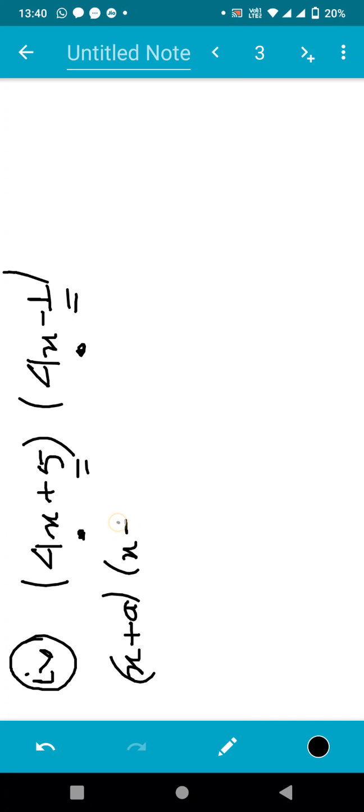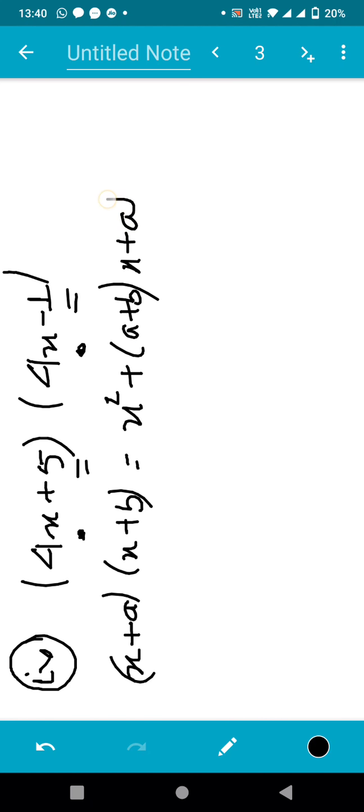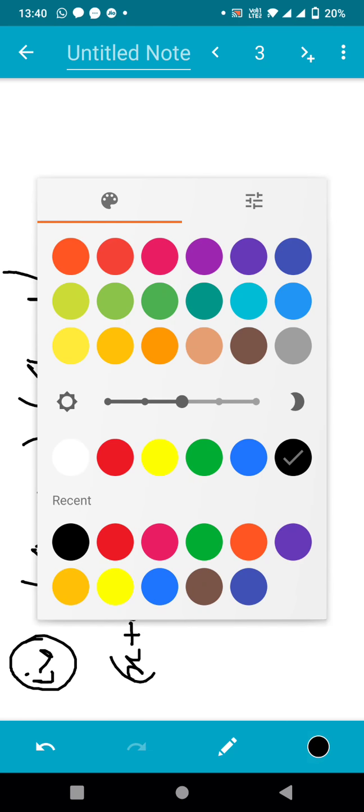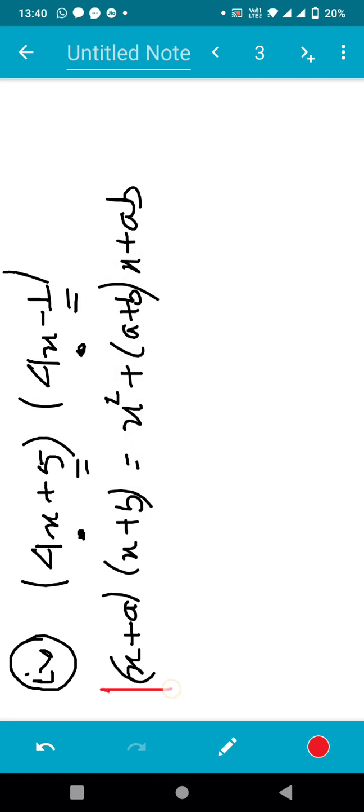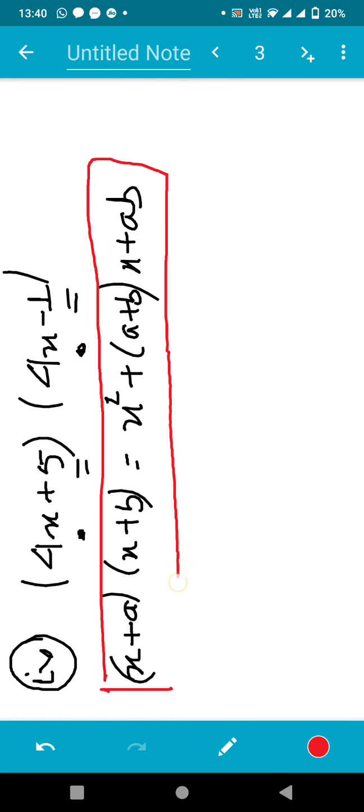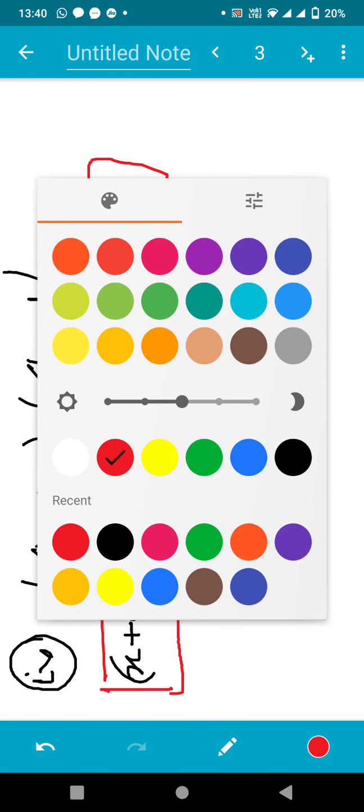As I always say, please mention the identity that you will use for each sum. It is x square plus (a plus b) x plus ab. Now you have to put it inside the bracket.